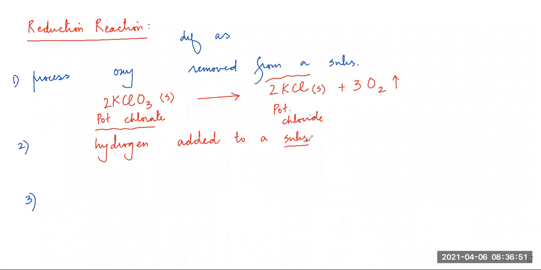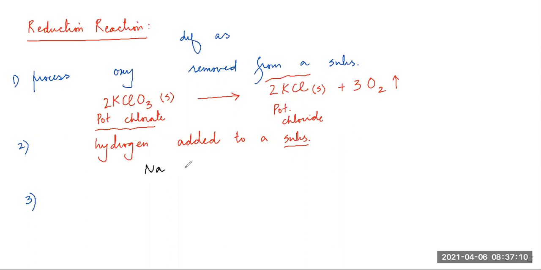When we say substance, it can be an ionic compound or anything. Substance is a common word we can use. So let's take a very simple example.